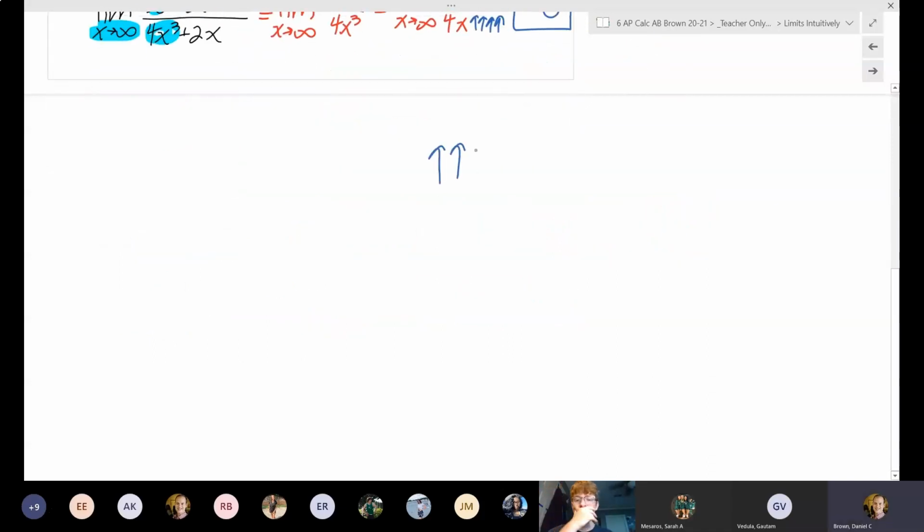We have infinity in the numerator, and it could be infinity in the denominator, but it's just much smaller. If you think in your head of a really, really big number divided by something smaller, that's still a really, really big number, which tells me it's going towards infinity.